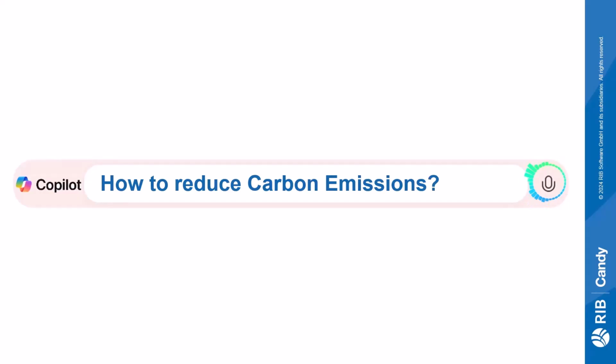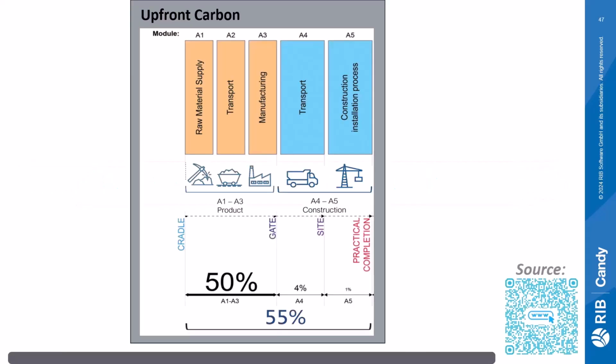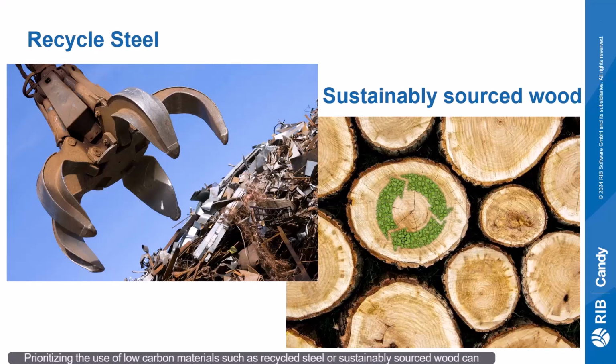So how can we reduce the carbon emissions in buildings? Reducing carbon emissions in construction is crucial for mitigating climate change. One effective strategy is to focus on reducing embodied carbon, which is the carbon dioxide emitted during the manufacture, transport, and construction of building materials. Prioritizing the use of low-carbon materials, such as recycled steel or sustainably sourced wood, can significantly lower emissions.